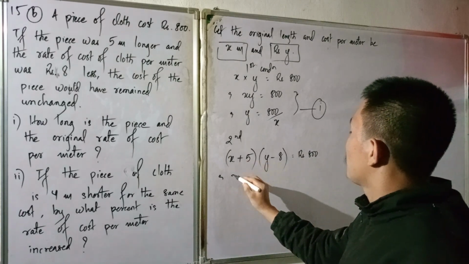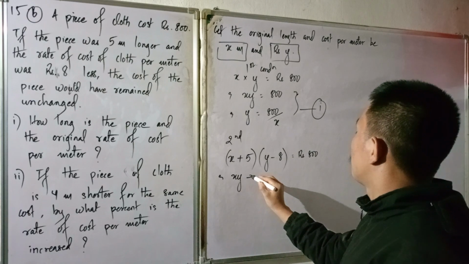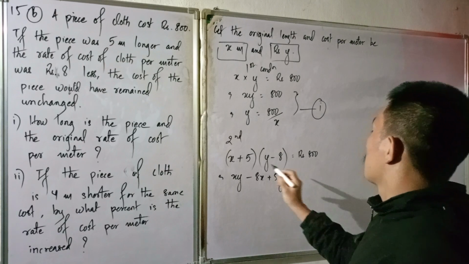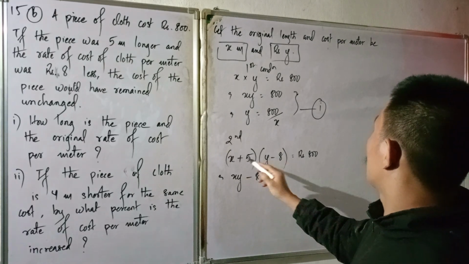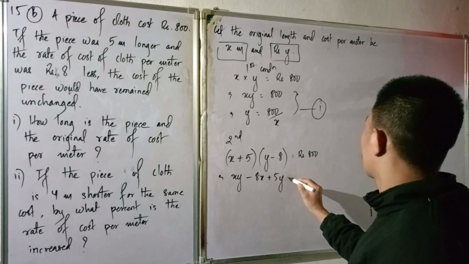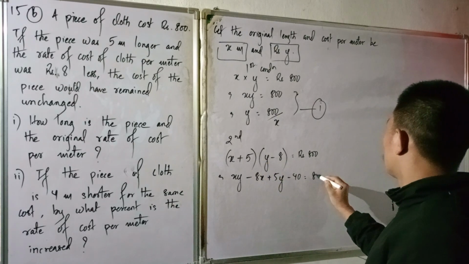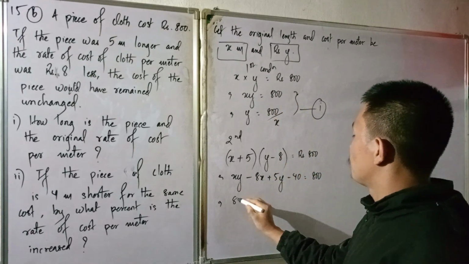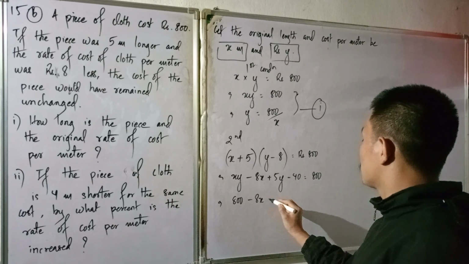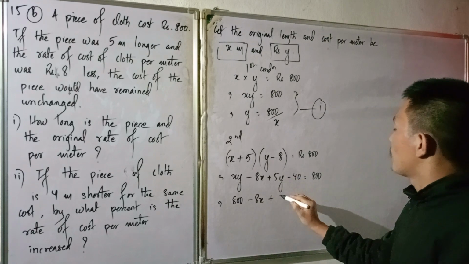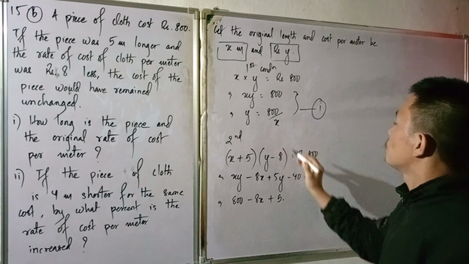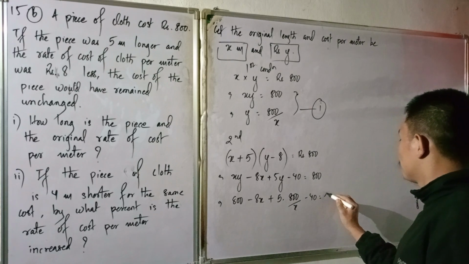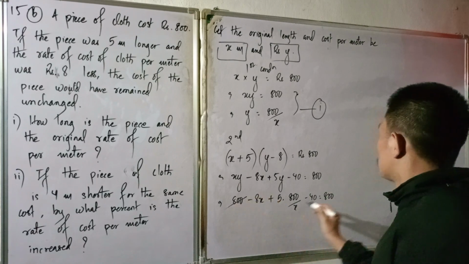Now we can further simplify: xy minus 8x plus 5y minus 40 is equal to 800. From xy you can replace the value 800, minus 8x, and try to make the same variable: 5 times y, we can substitute 800 by x, minus 40 is equal to 800. You can subtract this 800.